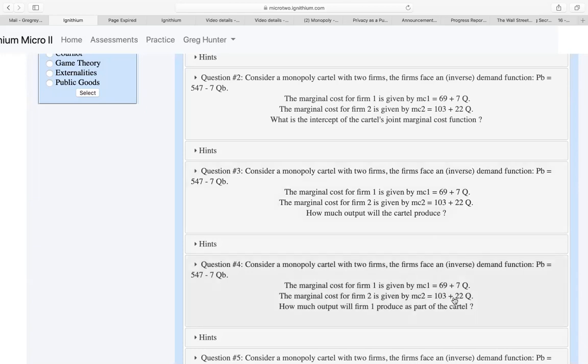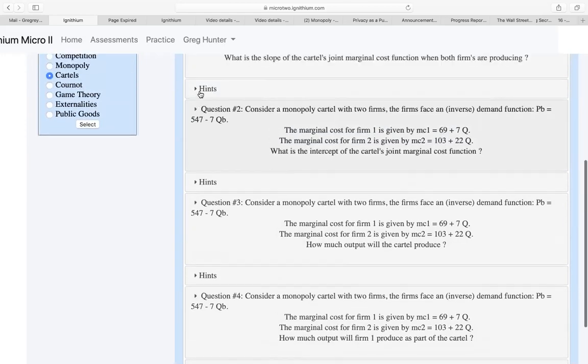And then for firm 1, you've got the marginal cost function here. You just set that equal to the MR star, and it's going to be a number like 100 or whatever. And then you just have the one Q in the marginal cost equation, and you can solve for it. Okay, great, thank you. You're welcome.